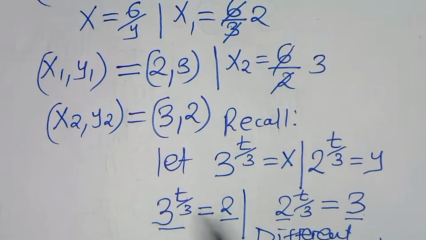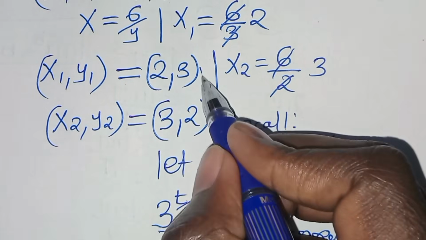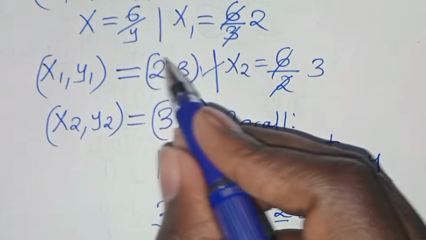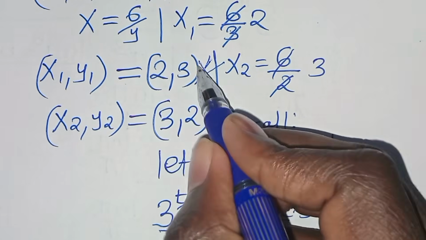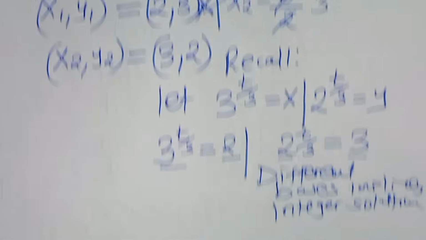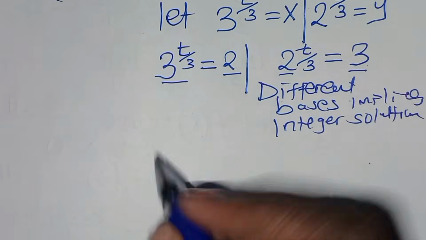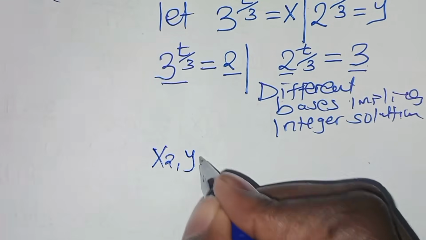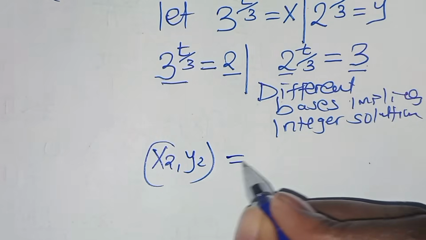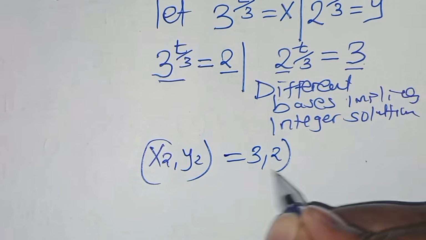So x1, y1 will not give us an integer solution, so this set of solution is rejected. Let's proceed to x2, y2, which is equal to 3, 2.